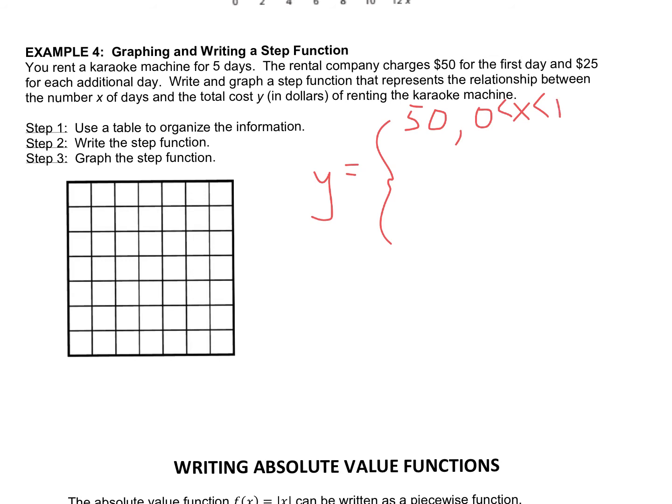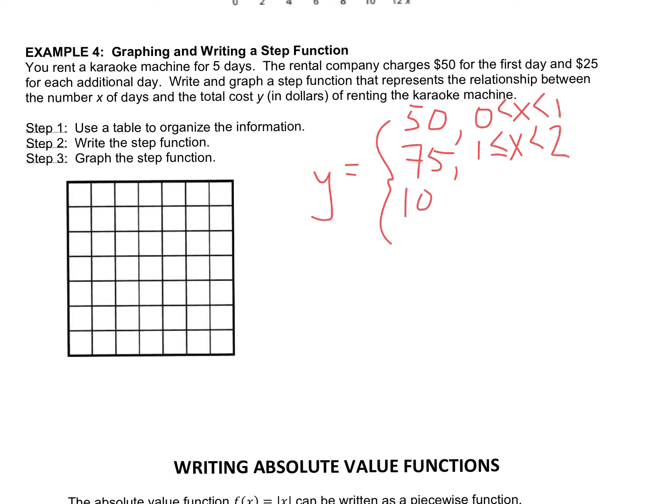But basically, they're going to charge you for that very first day that you're using it. Then it's going to start going up. So then the next day, it's $75. Now this time it's going to start at 1 day and go until the second day.